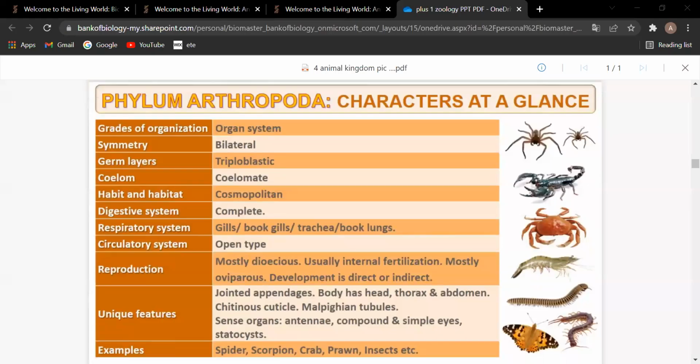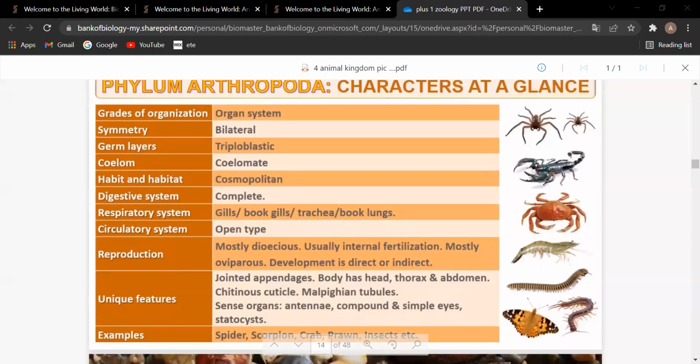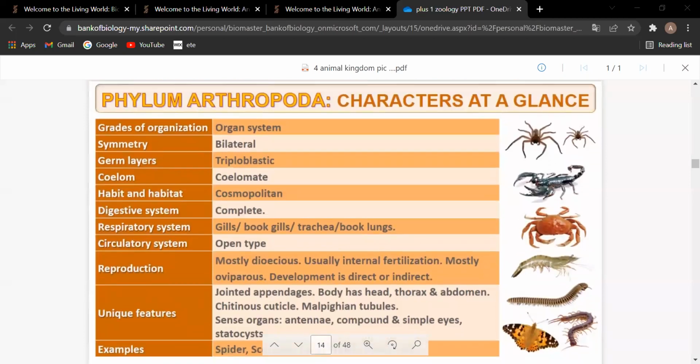So this we have seen, phylum Arthropoda, characters at a glance. Grade of organization, organ system. Symmetry is bilateral symmetry, germ layers triploblastic, coelom is present, cosmopolitan. Digestive system is complete.